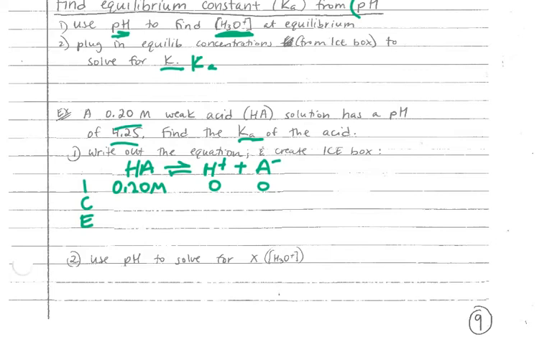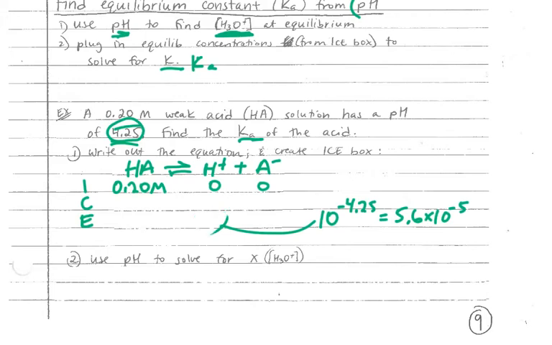At equilibrium, we don't have the equilibrium concentration, but we do know the pH, and we can figure out what this equilibrium concentration is from the pH. So we can do 10 to the negative pH, 10 to the negative 4.25 equals our concentration of hydronium, which is going to be 5.6 times 10 to the negative 5.